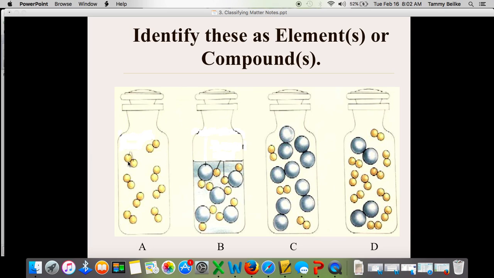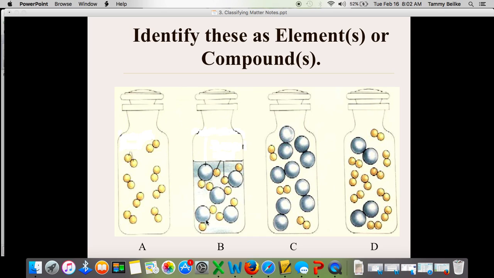Alright, so this first one, I see that there's 2 yellow circles attached. That's going to be the same atom there. That means since there's no other element in here, this must be just an element. There are multiple units of this particular molecule, but it's not a compound because you don't have a different element attached. In this one, jar B, you've got the gray and the yellow attached into one single unit. So these must be compounds where there's 2 yellows and a gray.